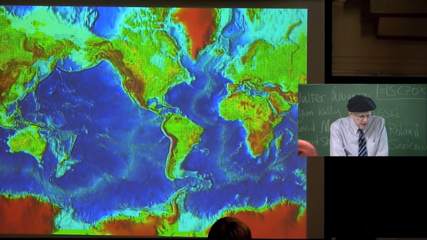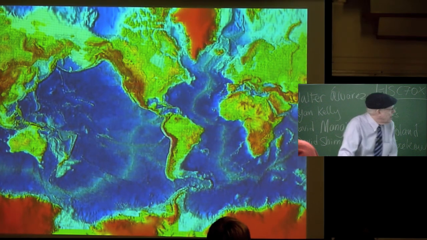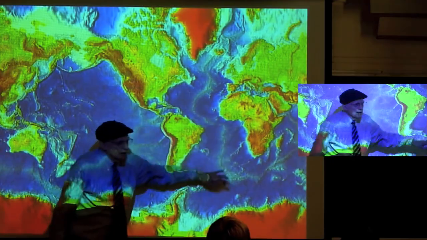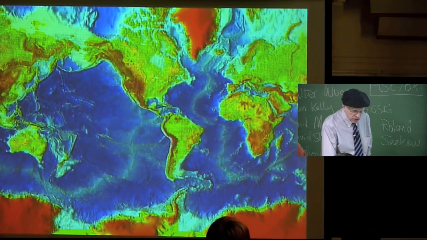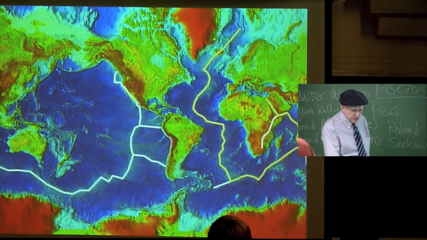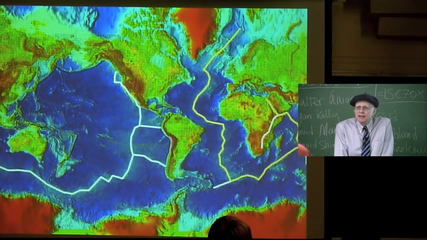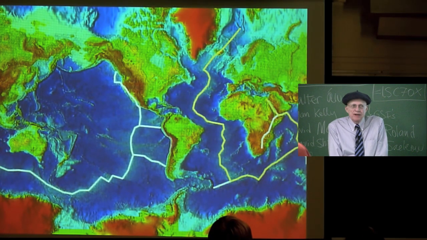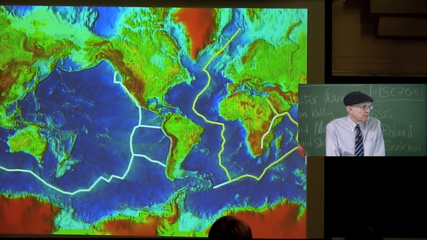But here's what the oceans of the world look like at the present time, and you can see here, I'm going to cover them up in the middle, but see the mid-ocean ridge coming down there? And the mid-ocean ridge is where the seafloor spreading is taking place. And so it bounds different plates, but people realized that it would be really interesting to go down and look at those mid-ocean ridges. We're now talking about 1970 or something like that.